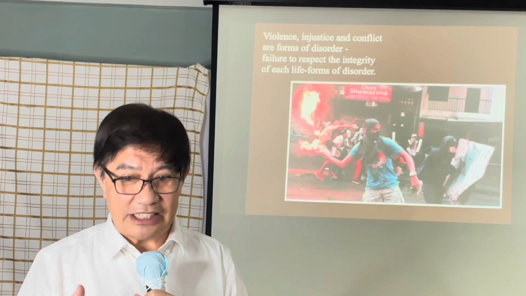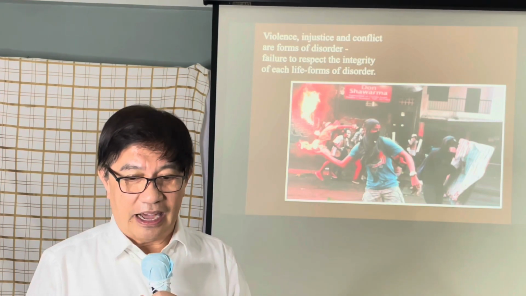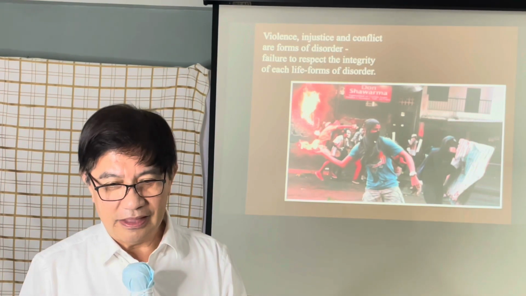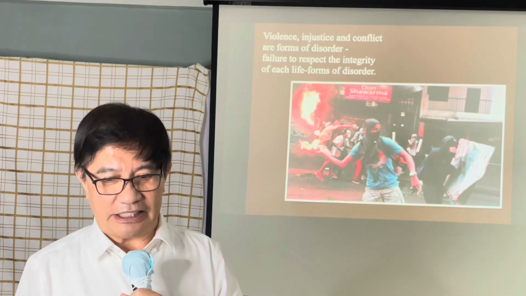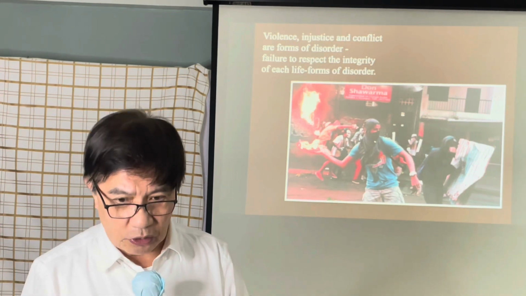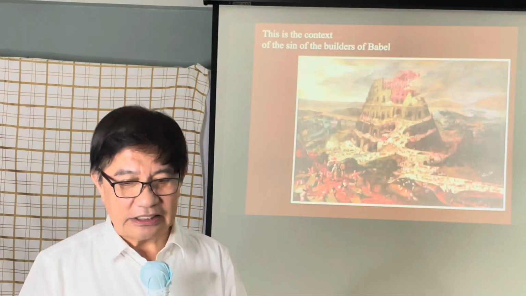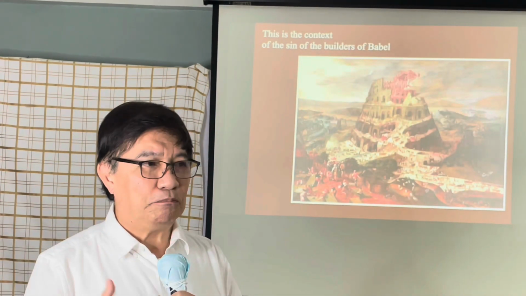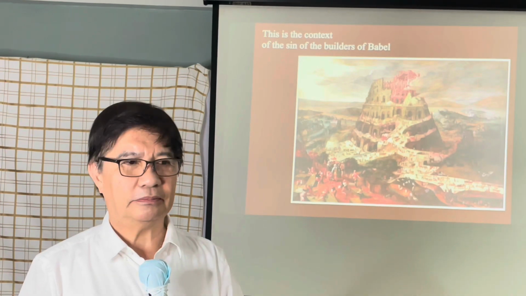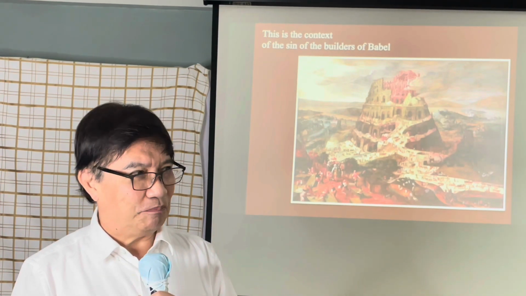Violence, injustice, conflict are all forms of disorder. Failure to respect the integrity of each life forms of disorder. This is the context of the sin of the builders of Babel. The sin of Babel.